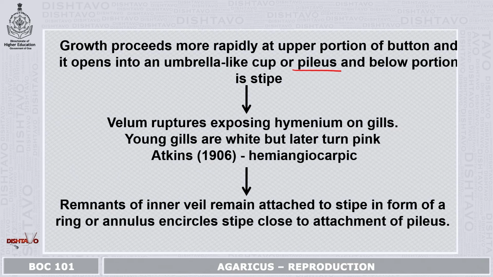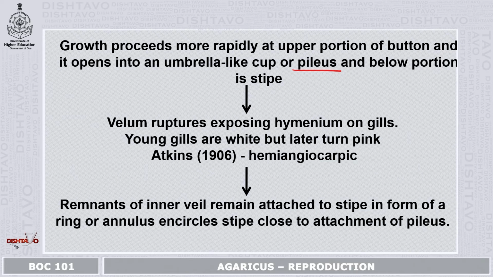Now the velum ruptures and exposes the hymenial layer, or the gills or the lamellae. The gills, when exposed, are white in color, but later on as they mature, they change to pink, then to dark brown.